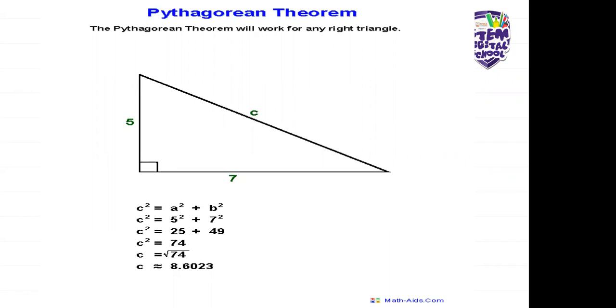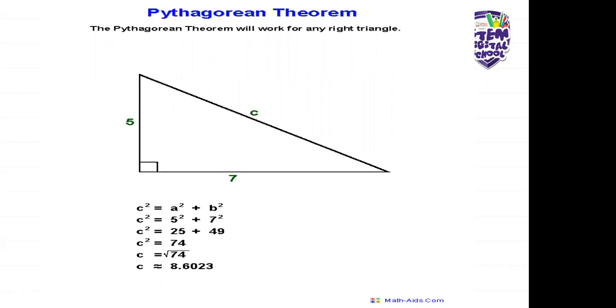Now, you can see that the unknown side is opposite the 90 degrees. How do we know this is a right angle triangle? We know because the two legs, 5 and 7, where these two legs meet, an angle is formed, and that angle is 90 degrees.